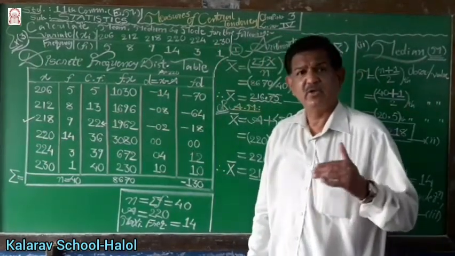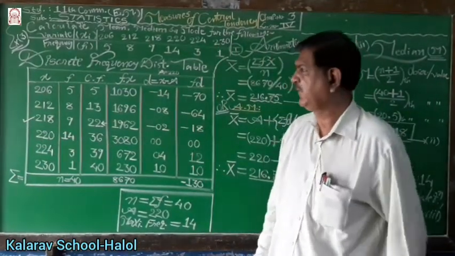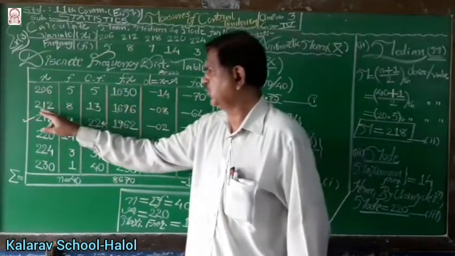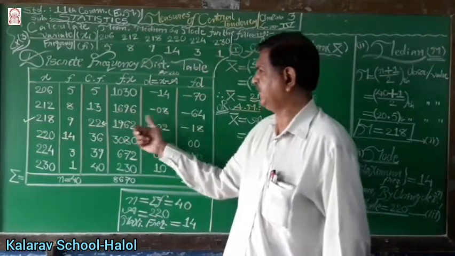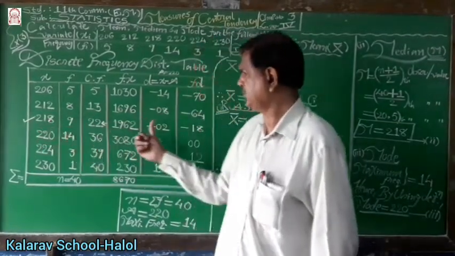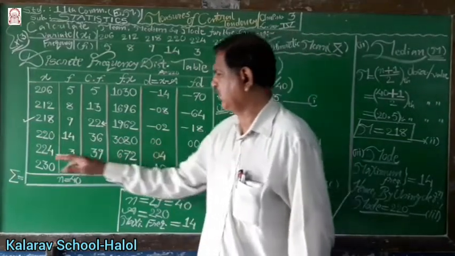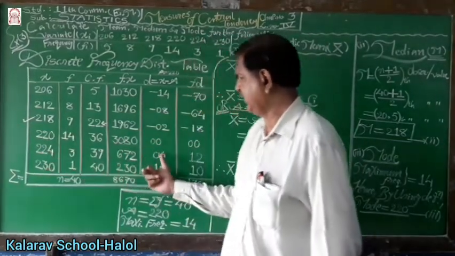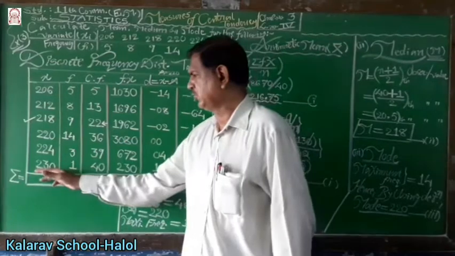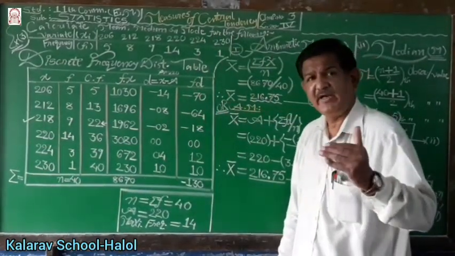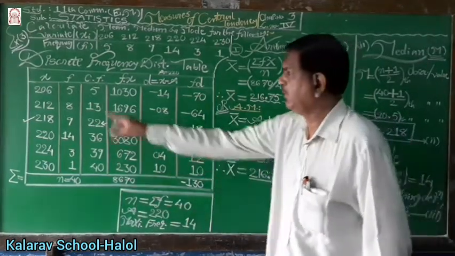Now subtract 220 from each value of X. 206 minus 220 is minus 14. 212 minus 220 is minus 8. 218 minus 220 is minus 2. 220 minus 220 becomes 0. 224 minus 220 is simply 4. 230 minus 220 is 10.